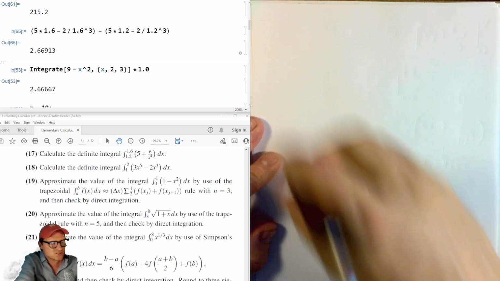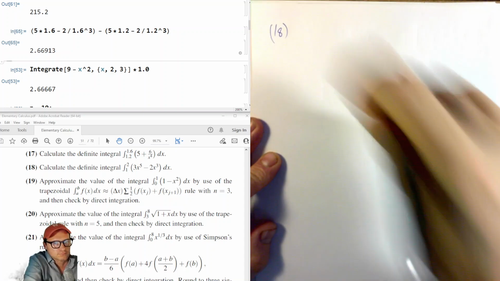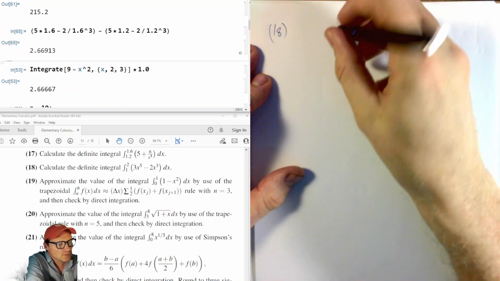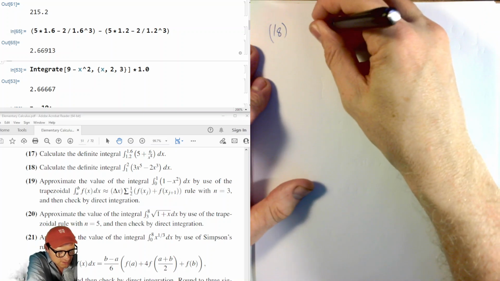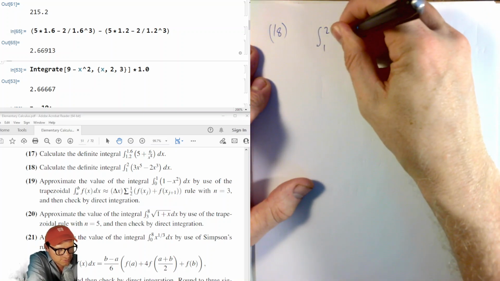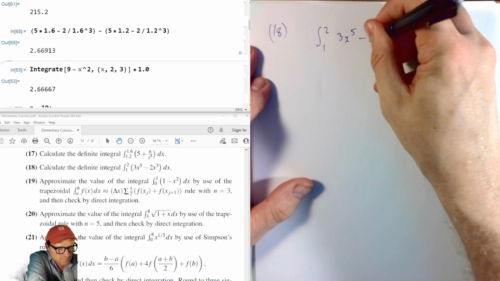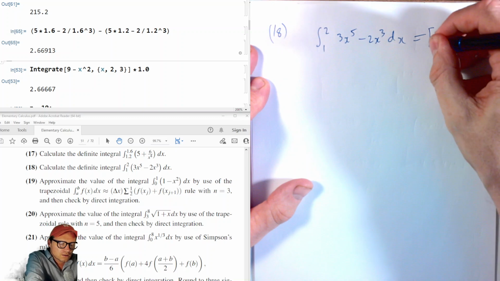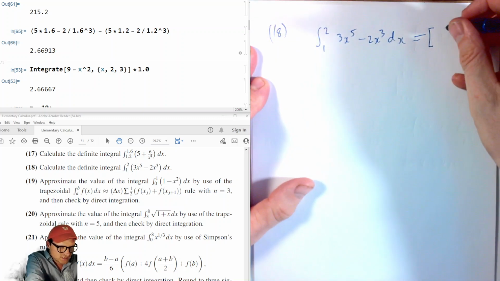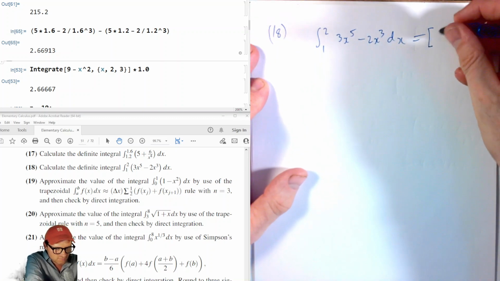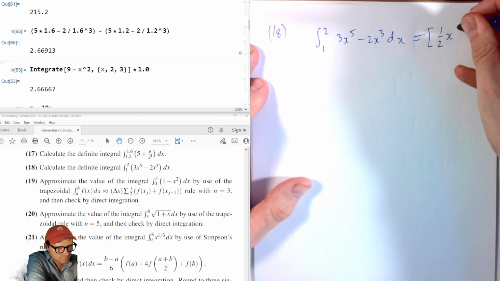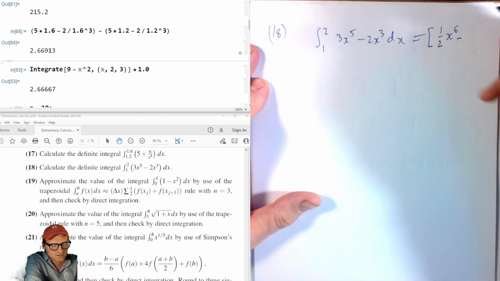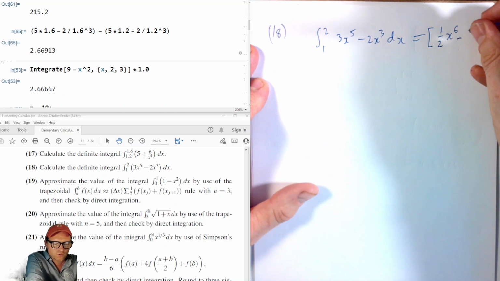Okay, let's do question 18. Calculate the definite integral from 1 to 2 of 3x to the 5th minus 2x cubed dx. All right, adding 1 to the 5 gives us x to the power of 6. So 3 over 6 is 1/2. Add 1 to the 3, you get 4. 2 over 4 is 1/2.